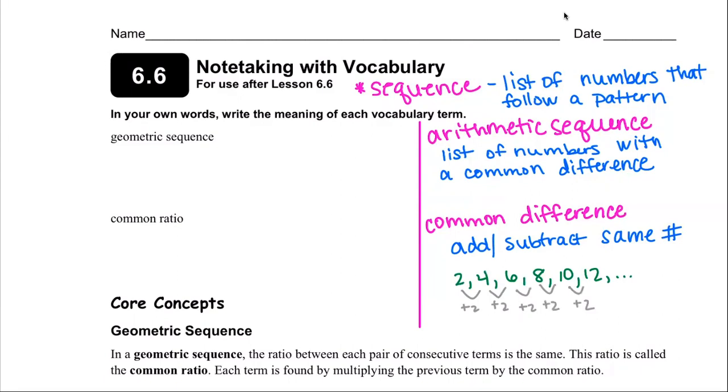Okay, why do we call it a common difference? Because if we subtract terms from each other, like if we subtract the first and second term, second and third terms, third and fourth terms, every time we're going to get the same difference. So write down what you think is another example of an arithmetic sequence.